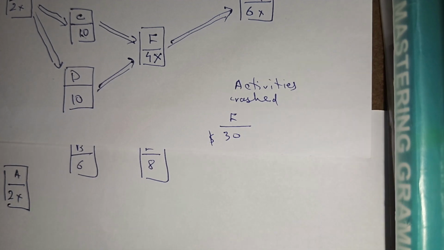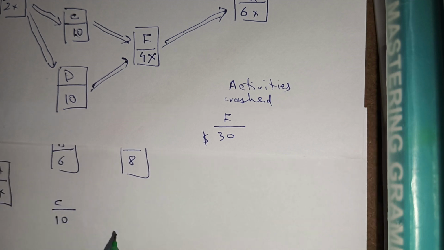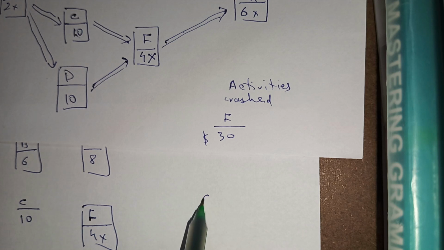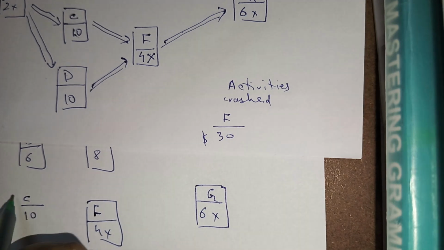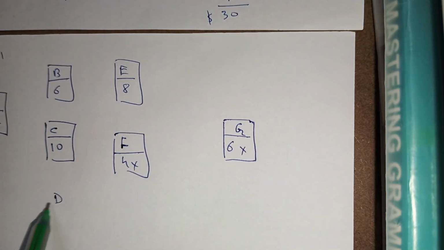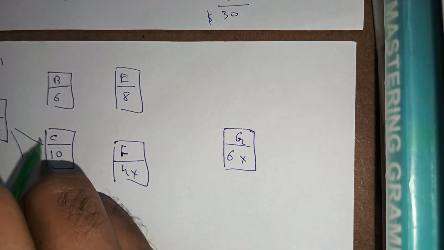Okay, so although we have written it, we will just see C by 10, we will change. Okay, we'll overwrite. 4x we cannot do anything, this is fine. G 6x, okay, fine. And D, although we have to change, we are not changing as of now, we'll see.